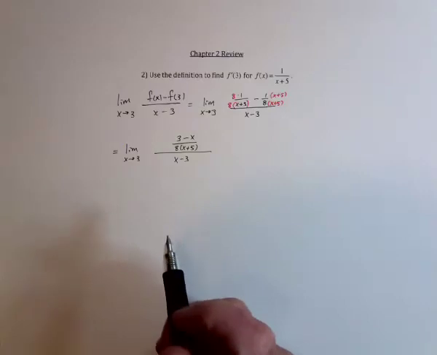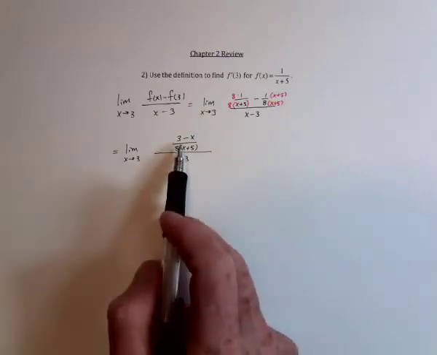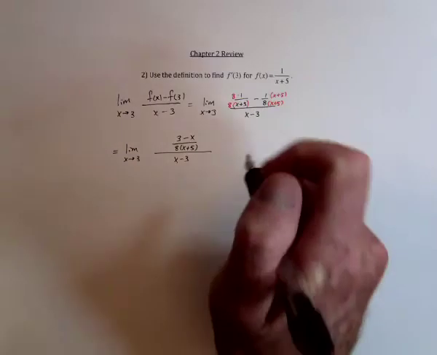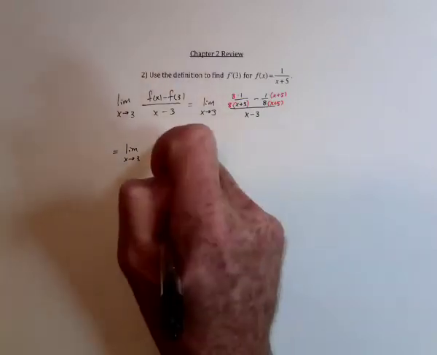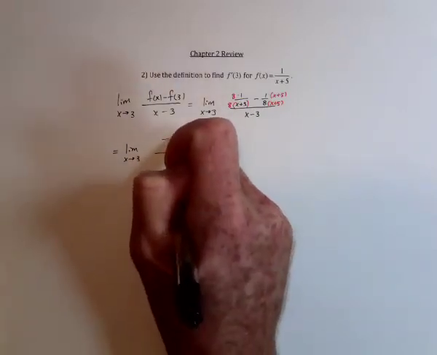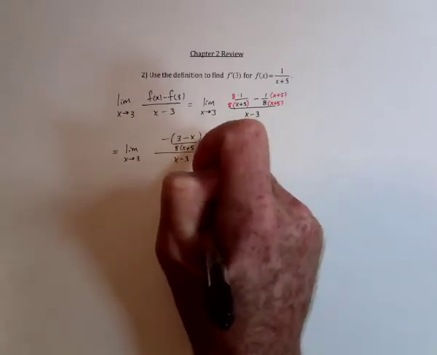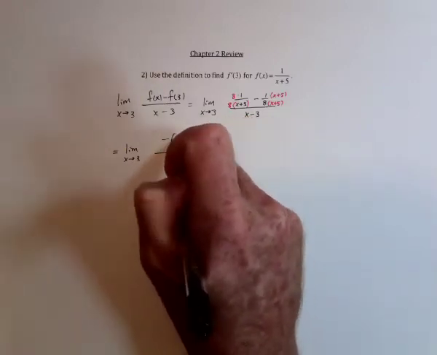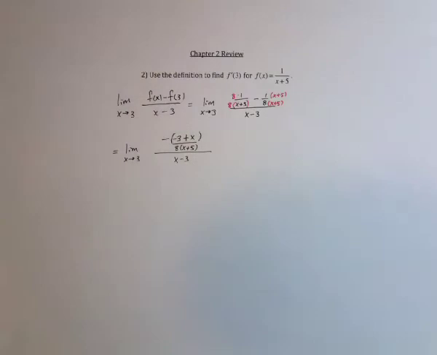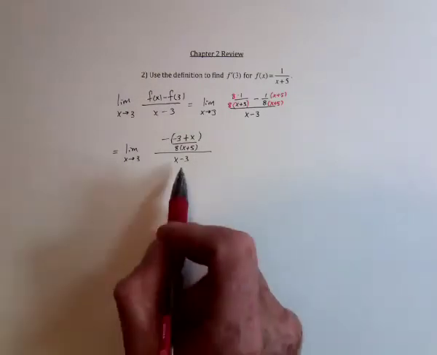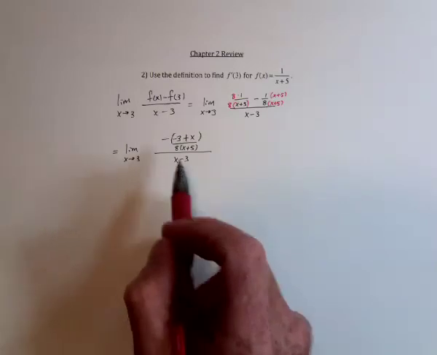In fact, they'll cancel if you factor out a -1 from this. So if I factor out a -1, then the x can become positive and the 3 can become negative, which is the exact same thing as this.